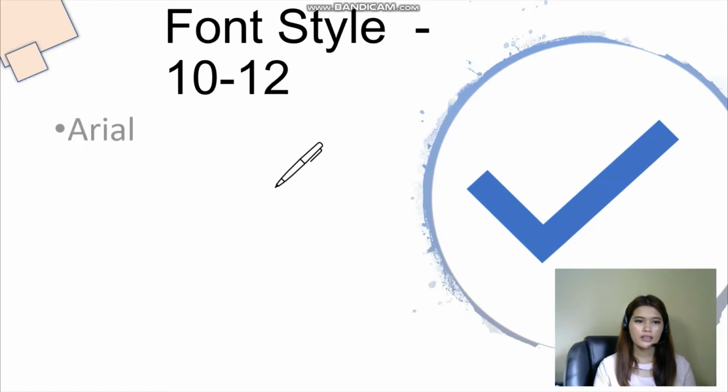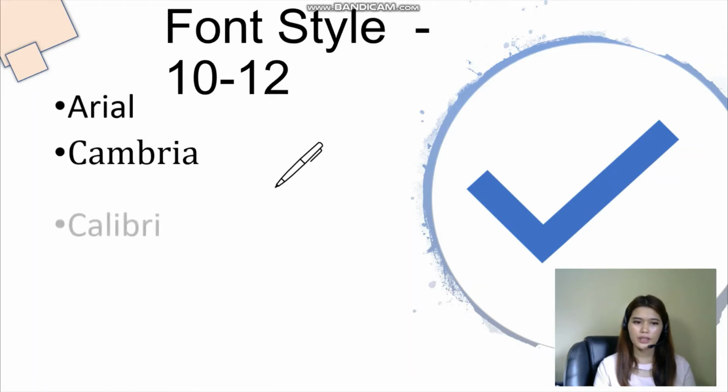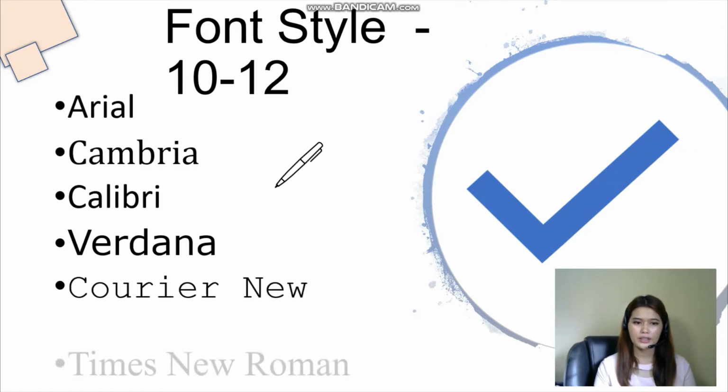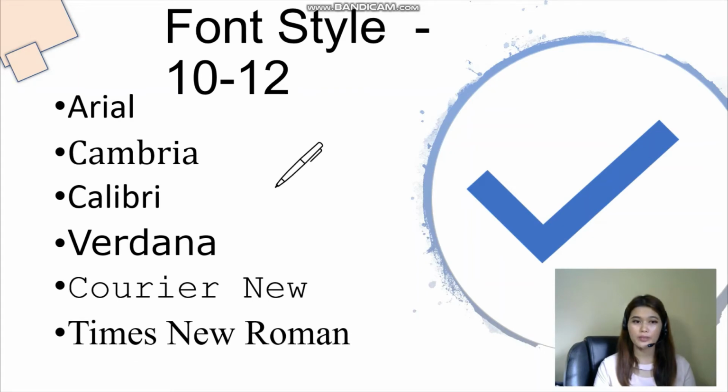So for the font style, you could use Arial, Cambria, Calibri, Verdana, Courier New, or Times New Roman, because they are easy on the eyes. Okay, and then for the font size, you could use 10 or 12 depending on the font style that you're going to use and depending on how long your letter would be.